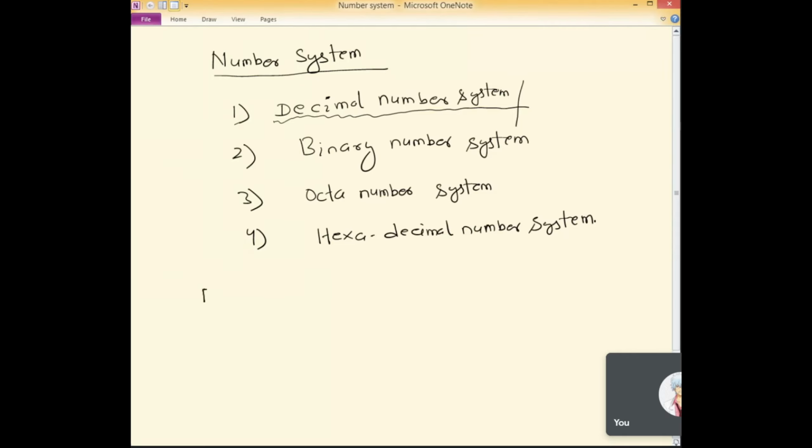We differentiate number systems with respect to the base, or radix, of a number system.